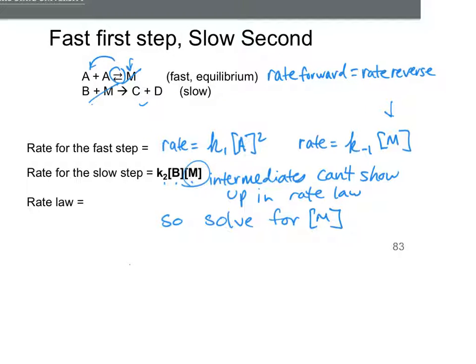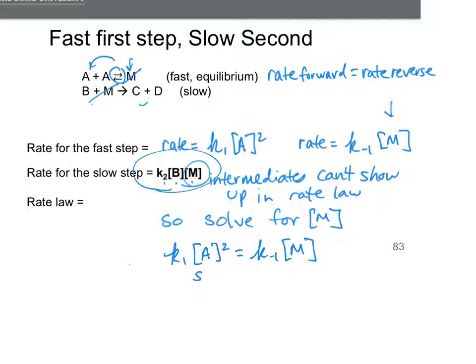So we're going to have K1 times A squared equals K minus 1 times M. And now we have an equation where we can solve for M. And then we can plug that into our rate for the slow step.